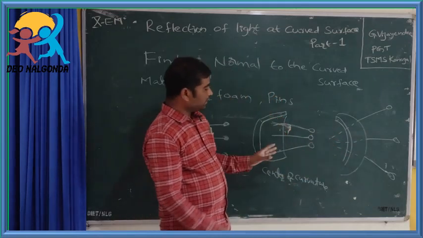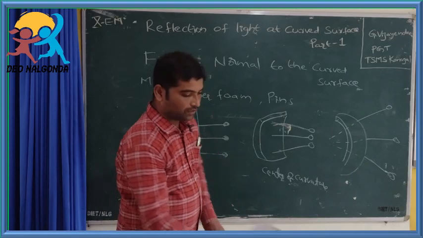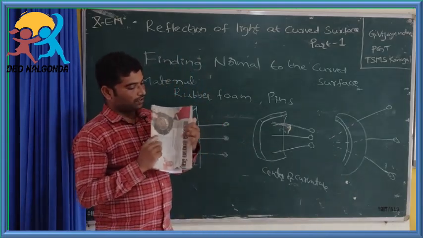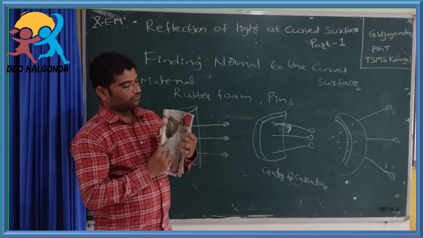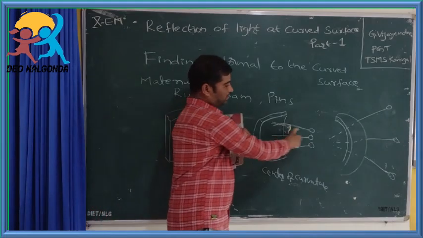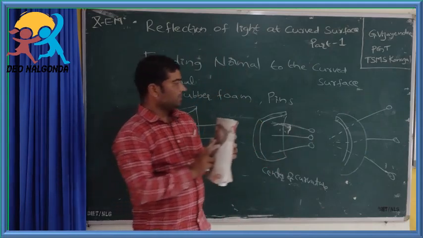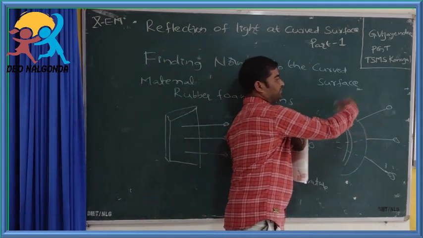Even if we bend the rectangular rubber foam inward, the pins are converging at a point. If we bend outside, the pins appear diverging from a point.